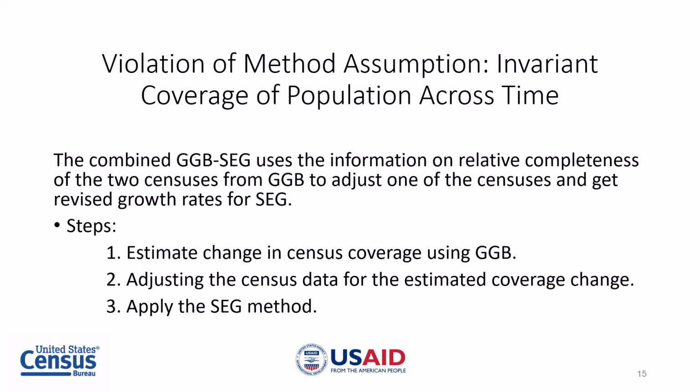The combined method follows these three steps. First, estimate change in census coverage using the generalized growth balance method. Second, adjust the census data for the estimated coverage change. Third, apply the synthetic extinct generations method and obtain the average completeness or adjustment factor of death coverage, C.